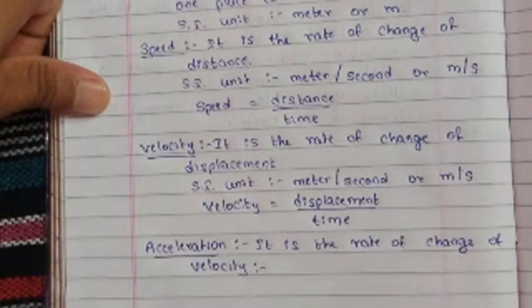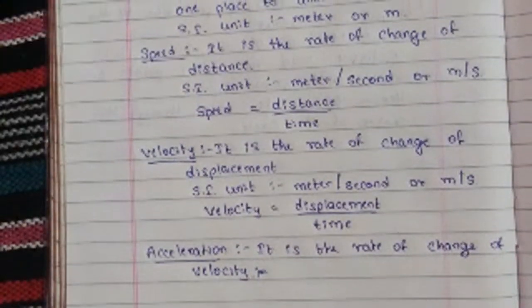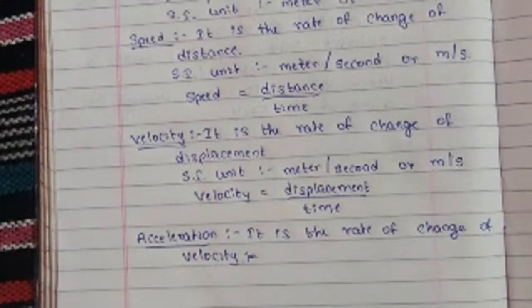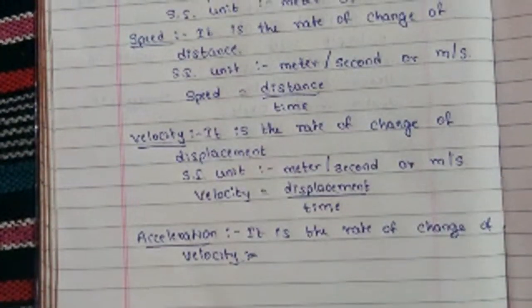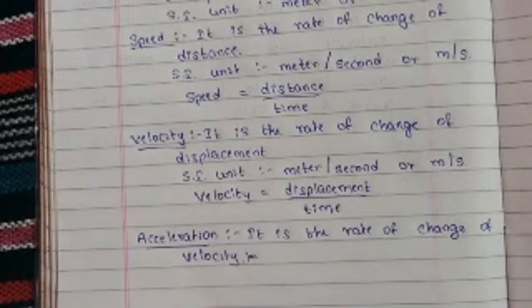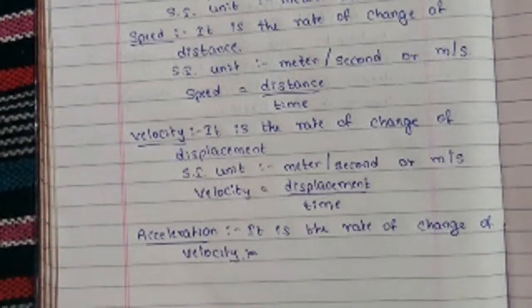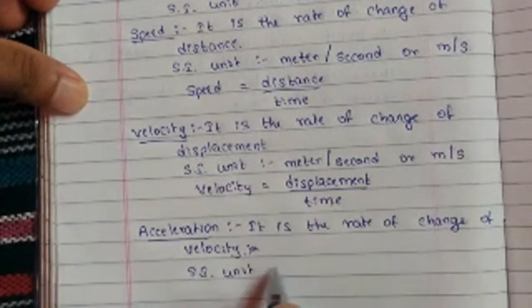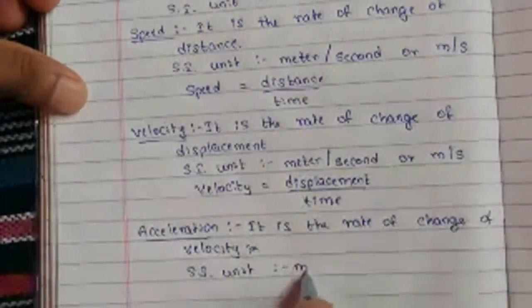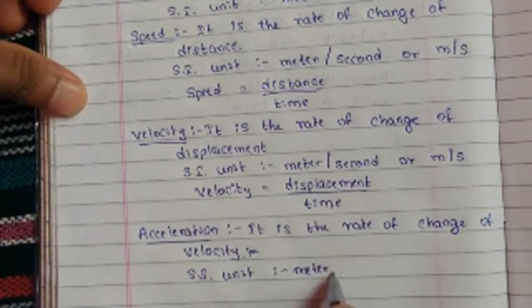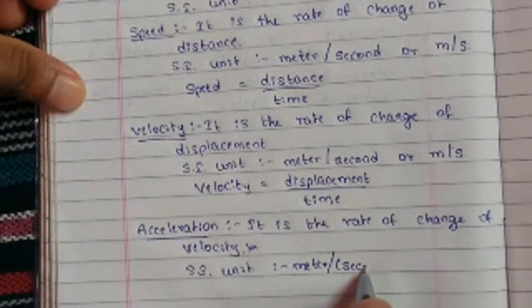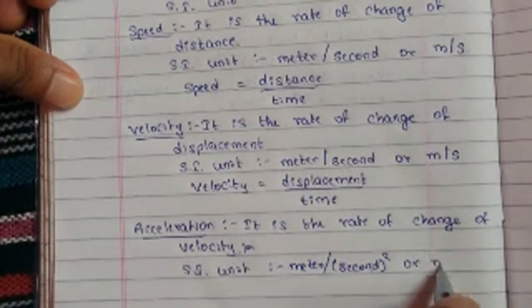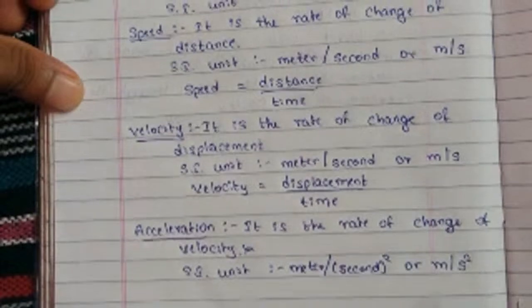So velocity is the rate of change of displacement, and acceleration is the rate of change of velocity. The SI unit of acceleration is meter per second squared, all small letters, or we can write small m bar small s square.